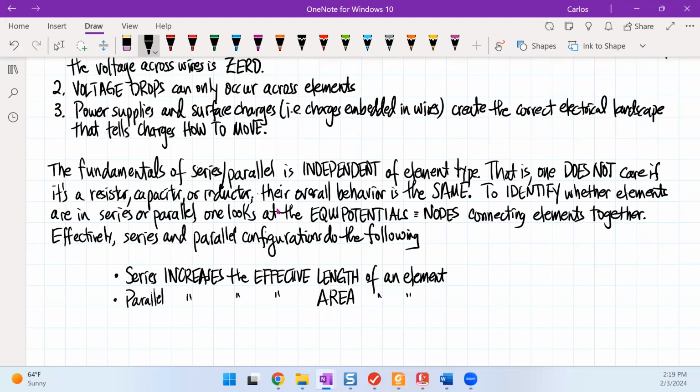So when you look at adding elements in parallel, capacitance actually increases. Why? Because capacitance is dependent upon area, whereas resistance and inductance, they are inversely proportional to area. So adding more of them in parallel decreases their values.